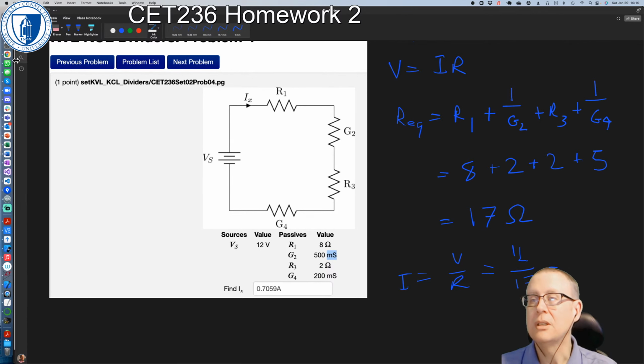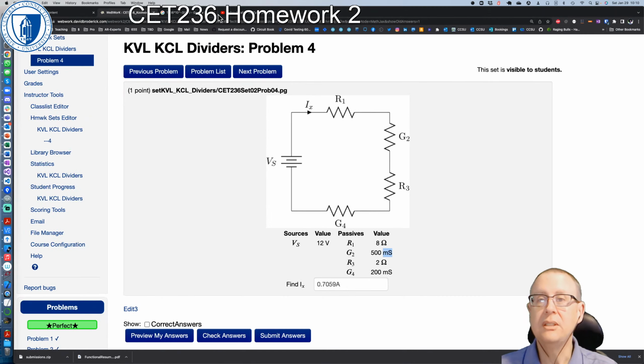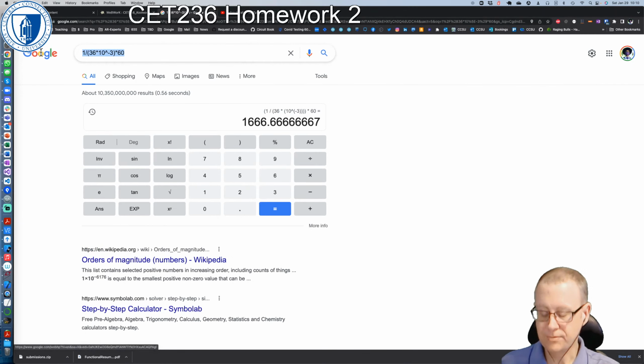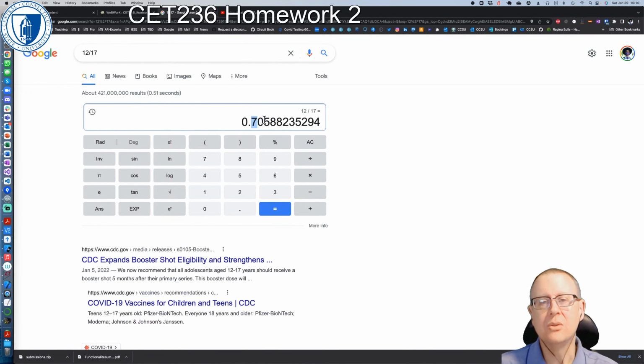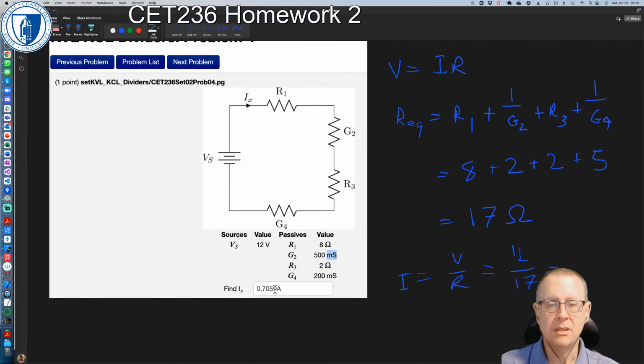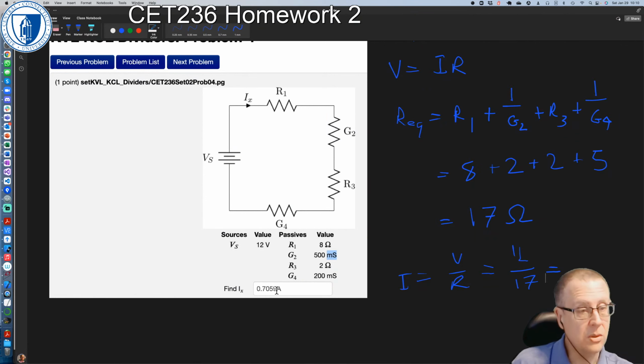So let's have a look at what 12 on 17 is. So there we go. And if you were doing this to 4 significant figures, I'd go 0.7059, right, which is what I think I did before.